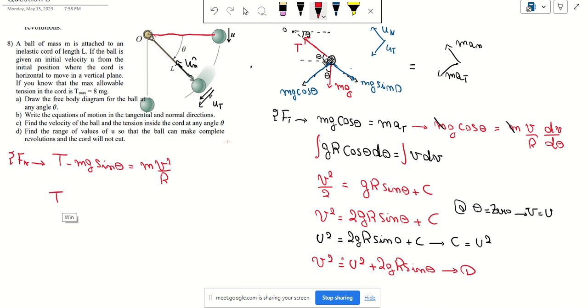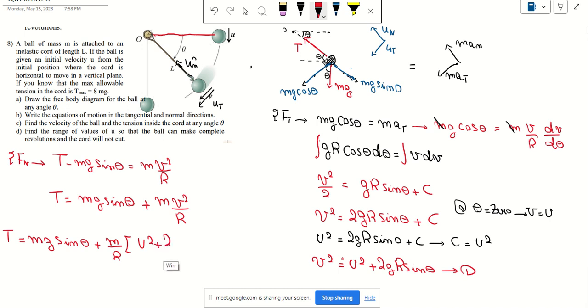So T is equal to mg sine theta plus m v squared over r, which means that T is equal to mg sine theta plus m over r times u squared plus 2gr sine theta.